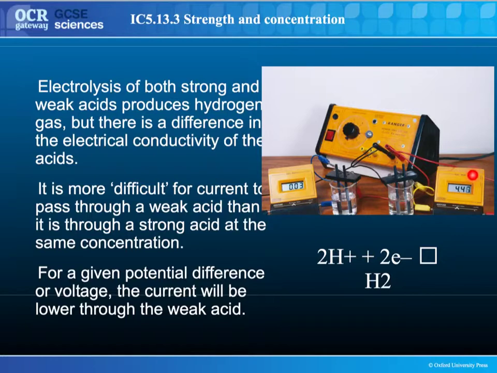Here you have two situations: a strong acid with an ammeter reading of 4.47 and a weak acid with an ammeter reading of 0.03. They're both acids, they're both conducting electricity, they've both got charged particles. But the amount of charge that can flow through those acids is very different because of the big difference in the number of hydrogen ions that are present.